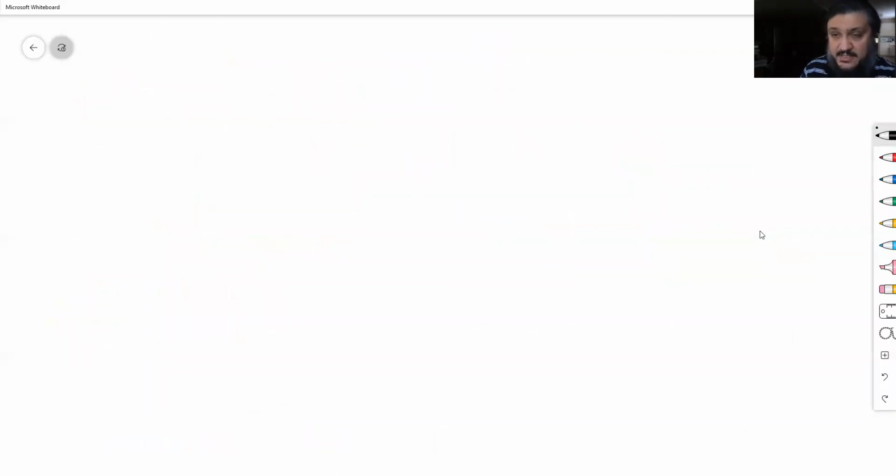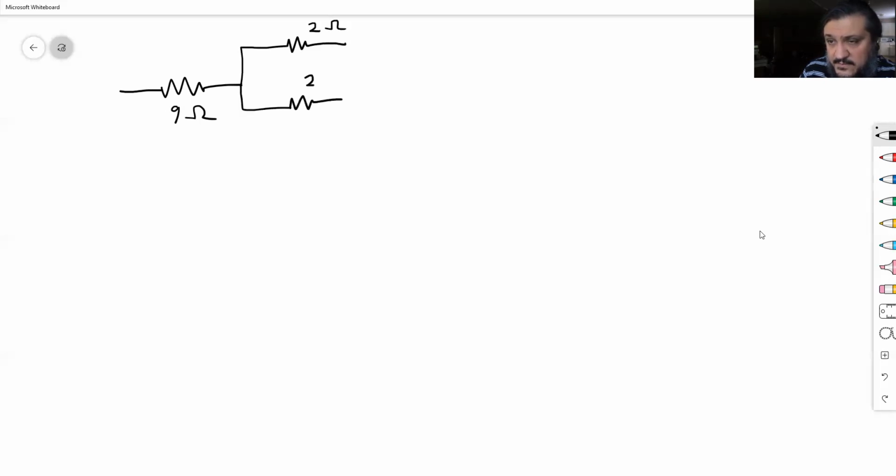Very simple example. Let's say this is 9 ohms. Sorry, it's not a capacitor, I don't know why I did that. Resistor, 9 ohms. And then you have here 2 ohms, and then you have 2 ohms.